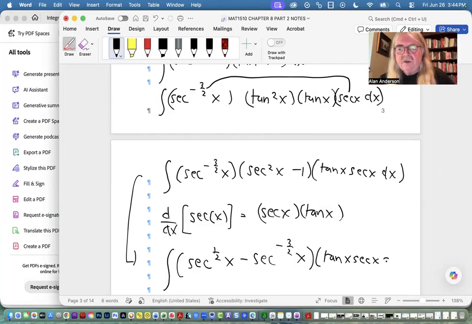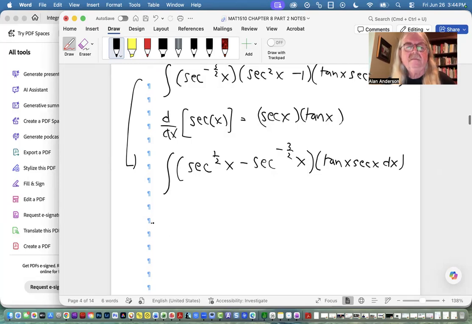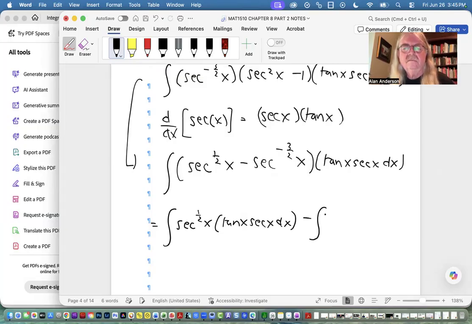And then we'll, of course, split it up. I got a little low on space there.